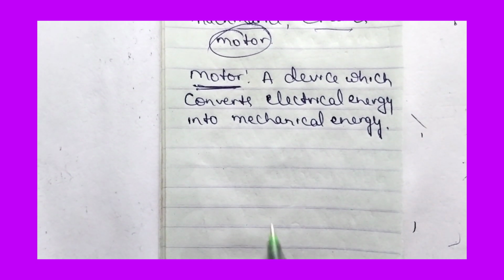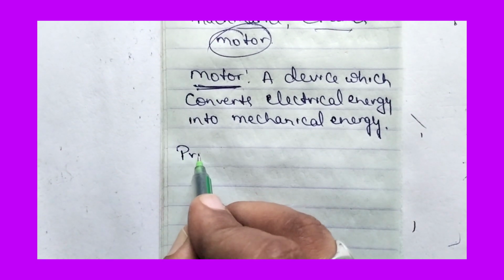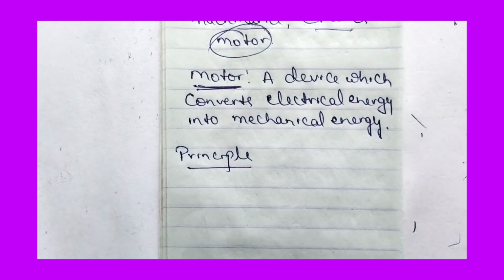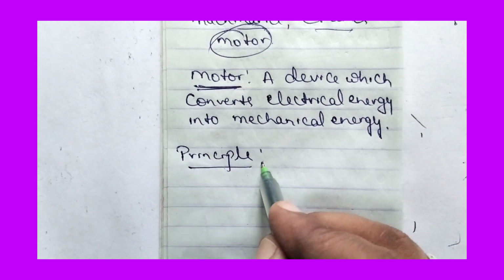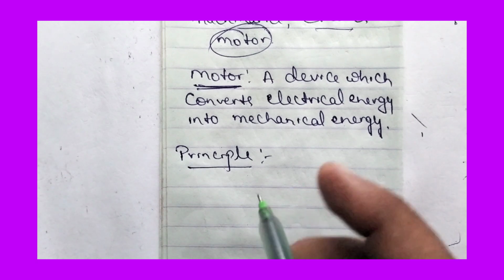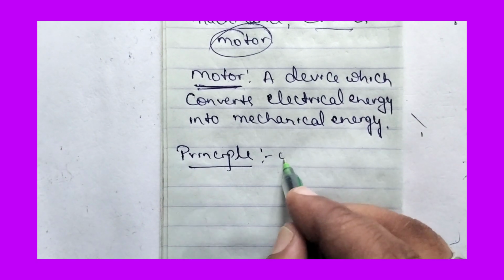So this is the motor. Now we should know what the principle of a motor is. Already we have studied in the last video that whenever a current carrying conductor is placed in a magnetic field, it experiences a force. So what is the principle of a motor?